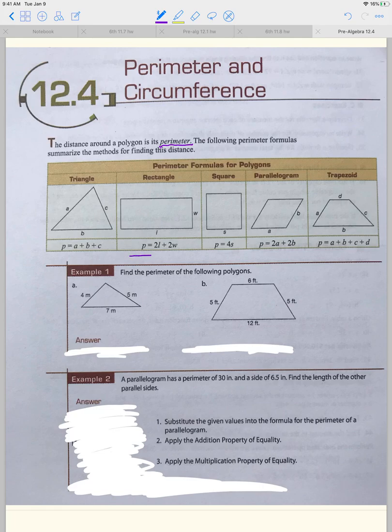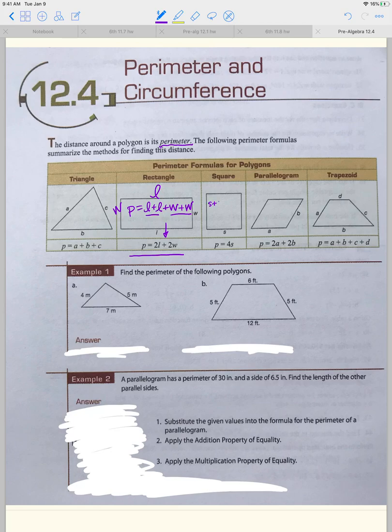For example, when we're doing the perimeter of a rectangle, you could absolutely just say the perimeter is equal to L plus L plus W plus W. But a shorter way to do that is perimeter is equal to 2 times L plus 2 times W, because here we have two L's, here we have two W's. Square, same thing.